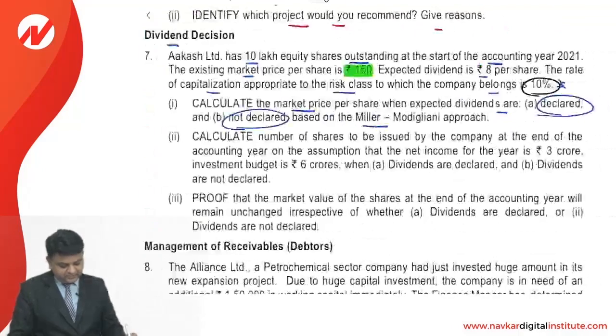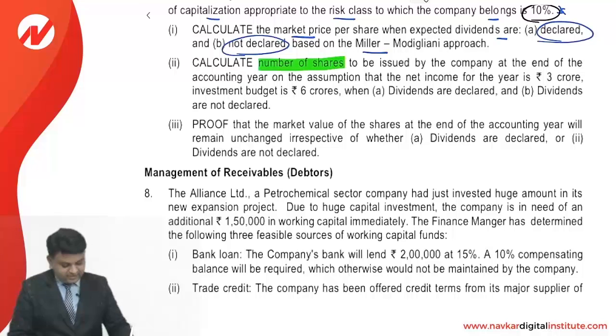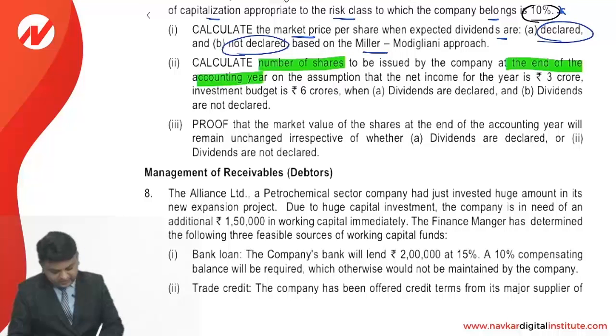Now second part of the question says that calculate number of equity shares to be issued by the company at the end of the accounting year. That is what technically we understand as the delta N. We are required to find delta N, on the assumption that the net income for the year is rupees 3 crore and investment budgeted is 6 crore.